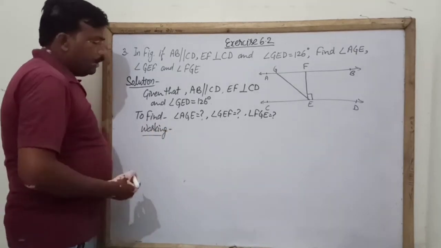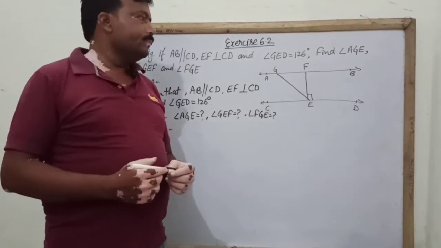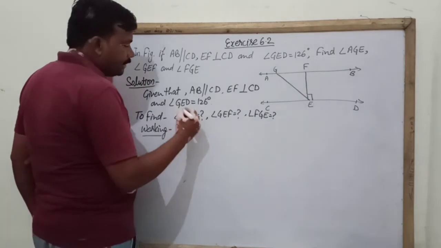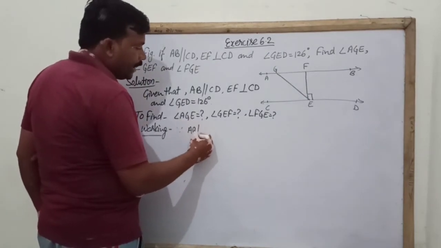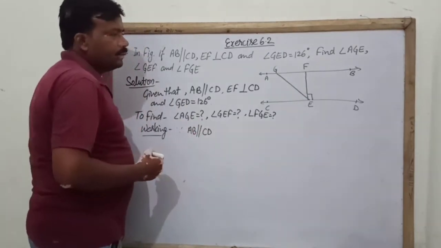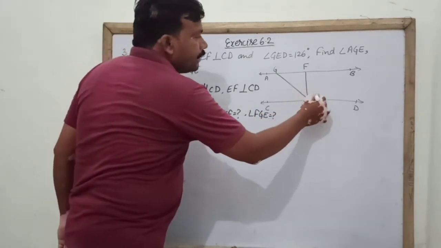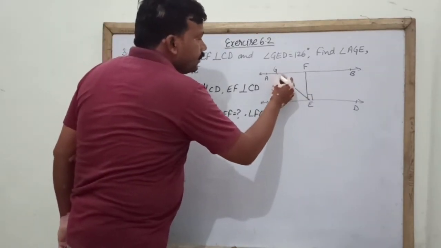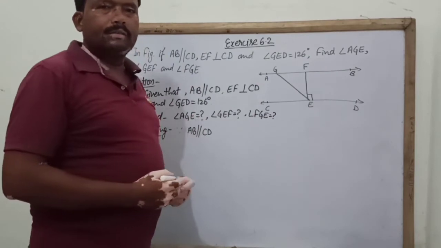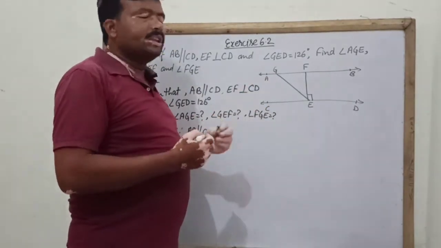Moving to the working, what can we do? Since AB is parallel to CD, this angle is given, and these angles are to be calculated.